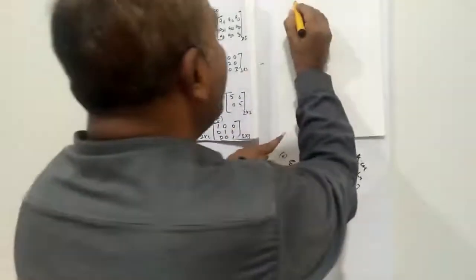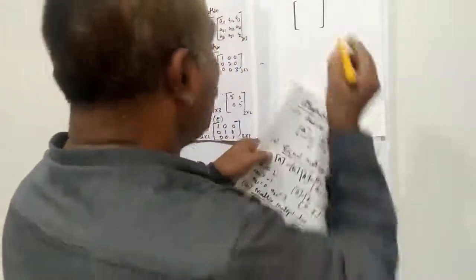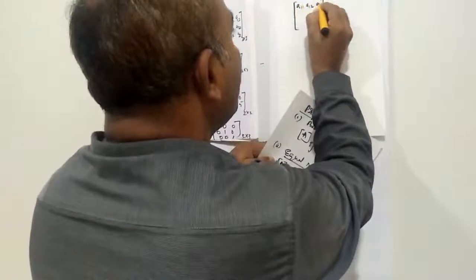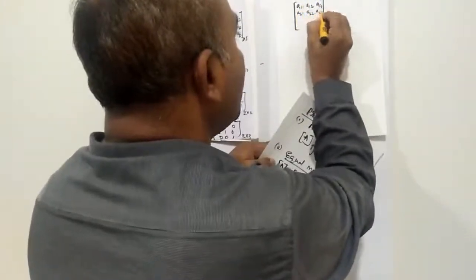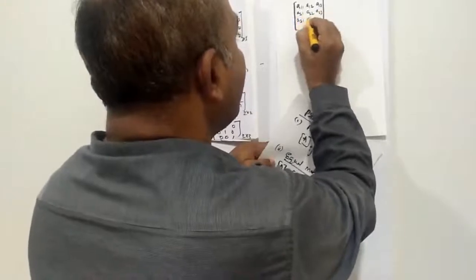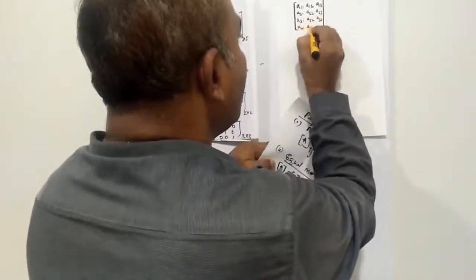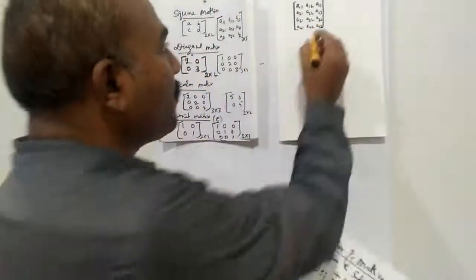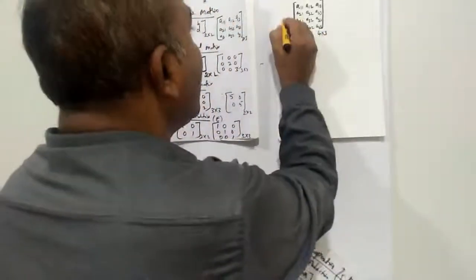We can consider the A matrix with 4 rows: A11, A12, A13, A21, A22, A23, A31, A32, A33, A41, A42, A43. So there are 4 rows into 3 columns. This is the A matrix.